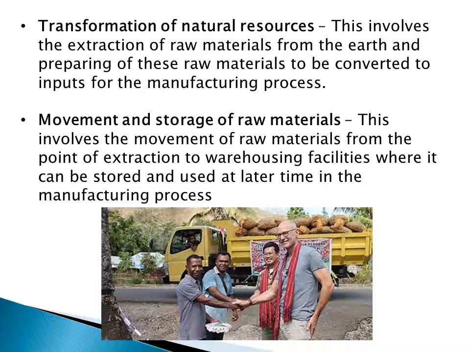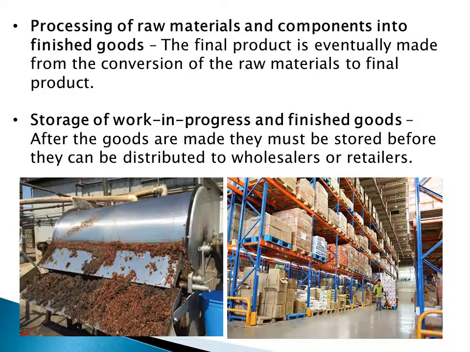To warehousing facilities where it can be used later in the processing phase, where the final product is going to be made from the conversion process, sorry, of those raw materials, right? So for instance, you have fruits, right, being transformed into a product like jellies. You have raisins, yeah. You have many different final products that can be made. So all of that is possible through the supply chain operation.